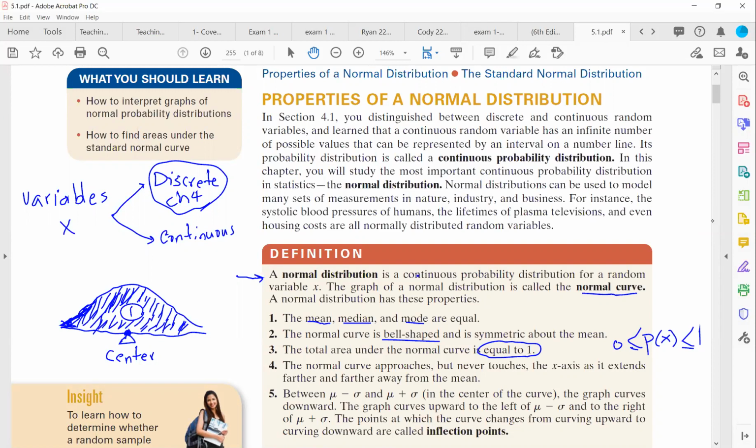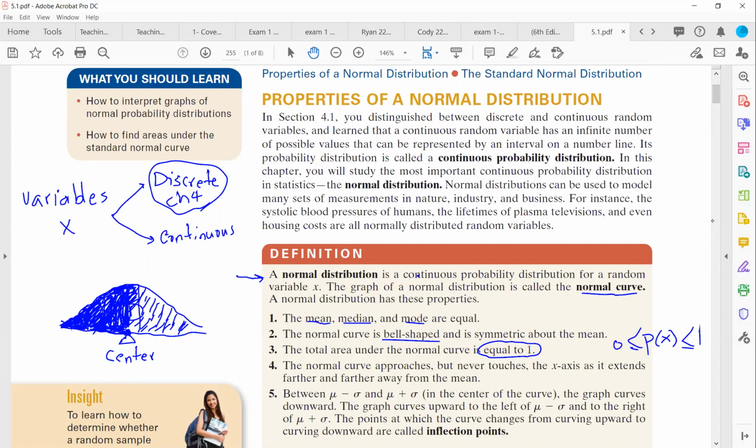As you increase, you get 20% of the area, probability 20%. 25% of the area, probability is 25%. 35% of the area, probability is 35%. 45% of the area, probability is 45%. 50% of the area, probability is 50%.